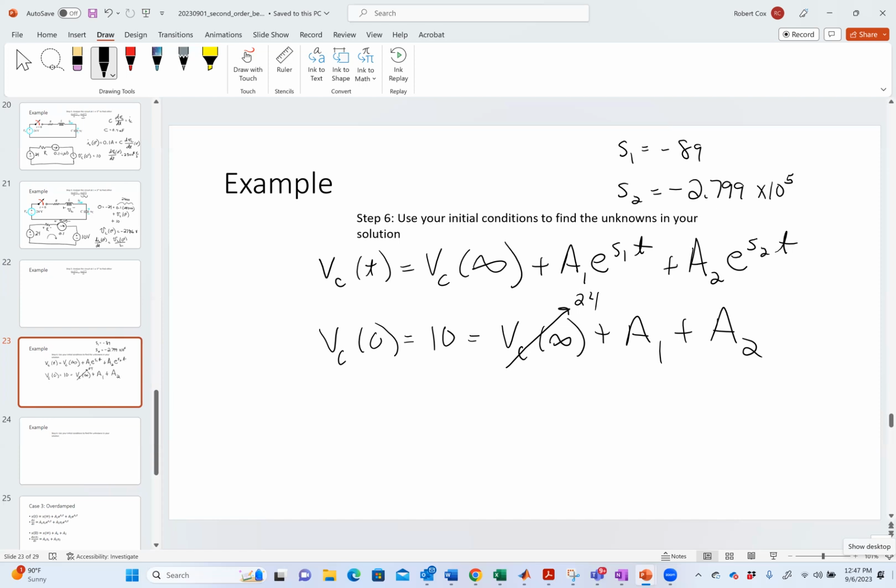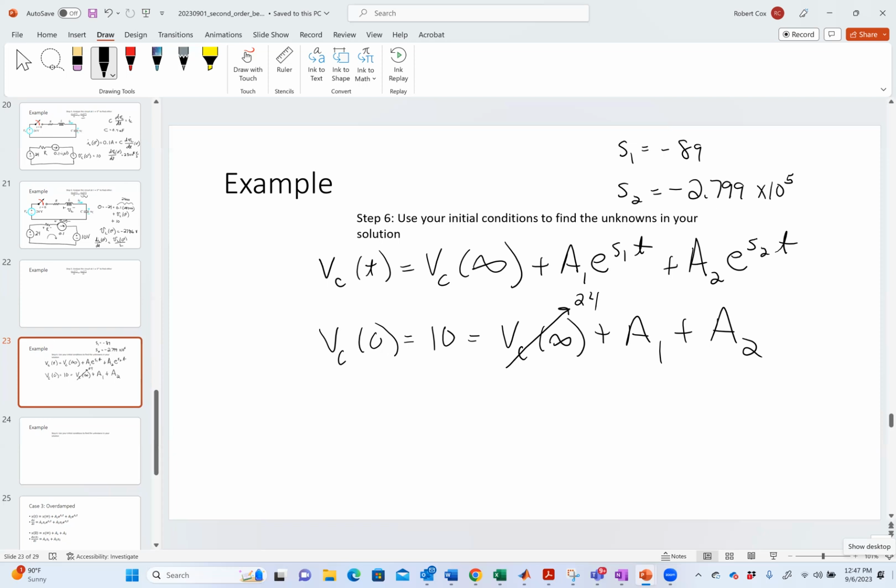Now, what was the other thing we needed? To get both A1 and A2, I need another initial condition value. What do I need? There's a whole reason for doing that last step 5. You guys awake at all? The derivative, right?